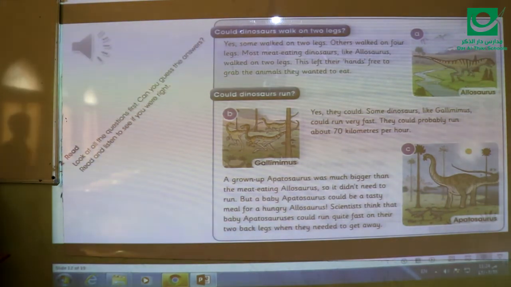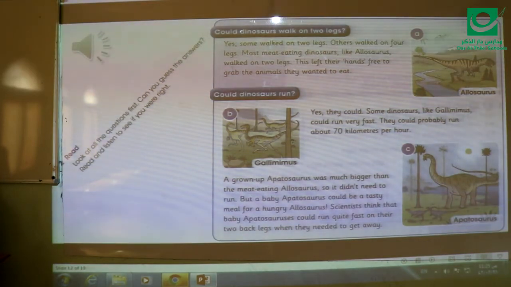Could dinosaurs walk on 2 legs? Yes, some walked on 2 legs, others walked on 4 legs. Most meat-eating dinosaurs, like Allosaurus, walked on 2 legs. This left their hands free to grab the animals they wanted to eat. Could dinosaurs run? Yes, they could. Some dinosaurs, like Gallimimus, could run very fast.